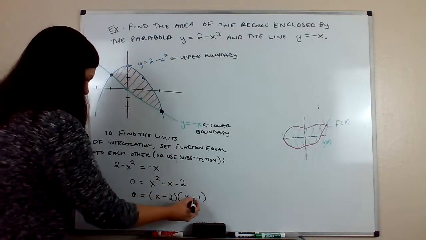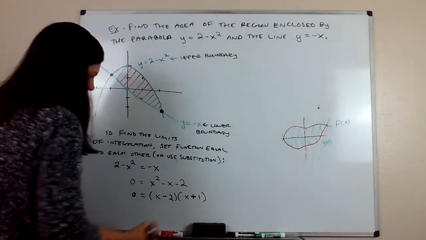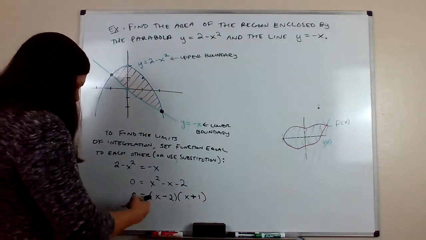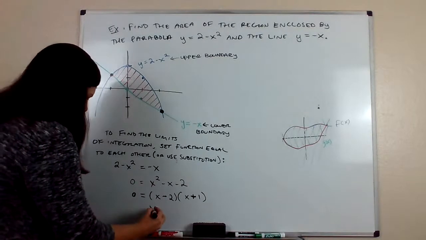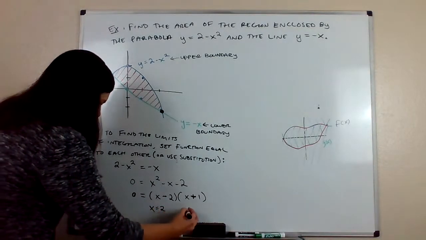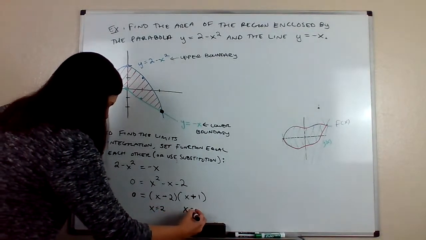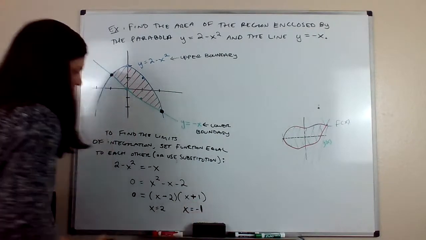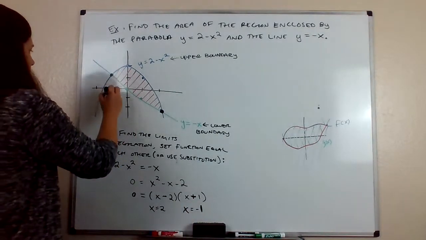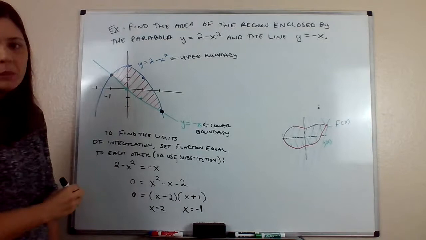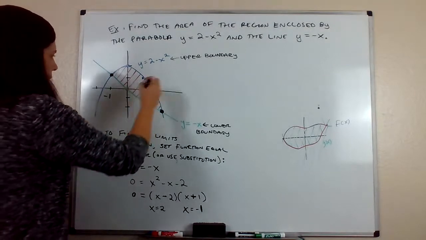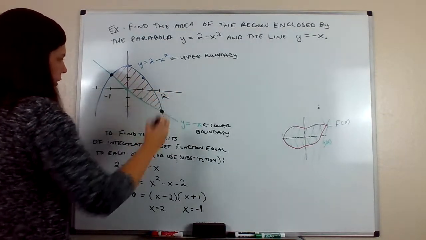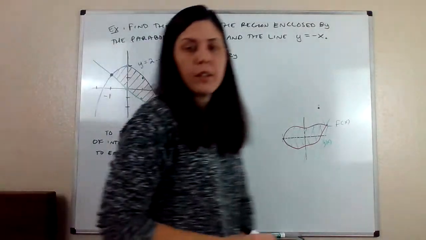So this is (x minus 2)(x plus 1). If I solve, each one of these equals 0, x is 2, and x is negative 1. Again, I could tell from my drawing, but let's say I couldn't. x went from negative 1 to 2, and so those are my limits of integration.